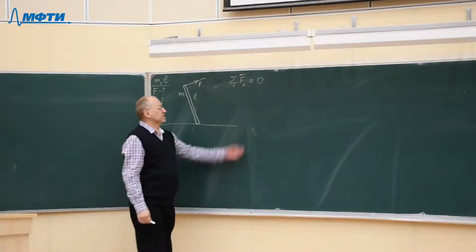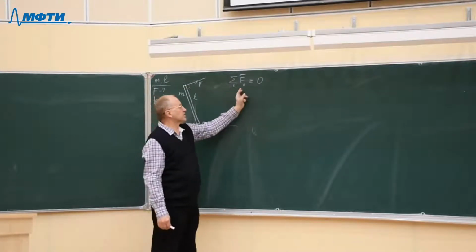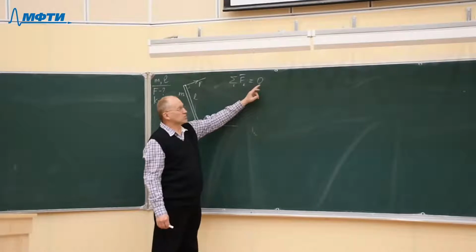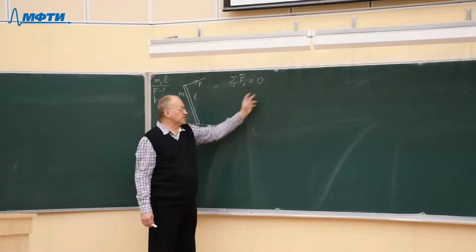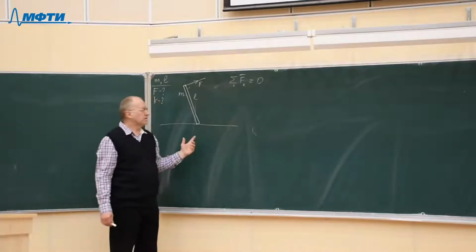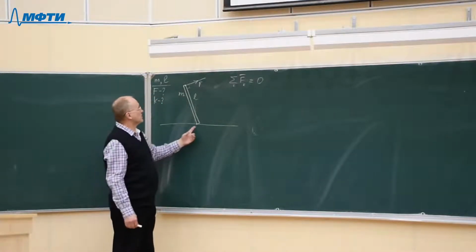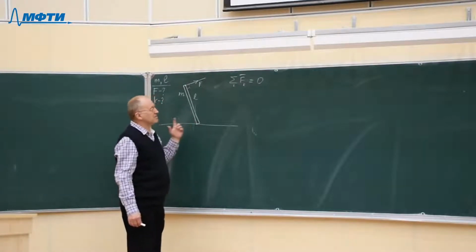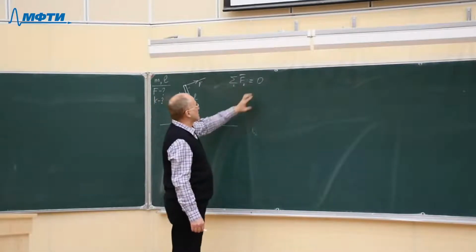This is the condition of static equilibrium. If it were not so, then the net force would be equal to mass times acceleration. But in this case we have no acceleration. The bar, by the statement of the problem, remains in static equilibrium. So the vector sum of all forces must be 0.